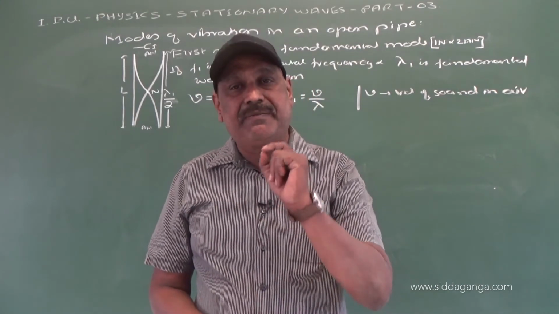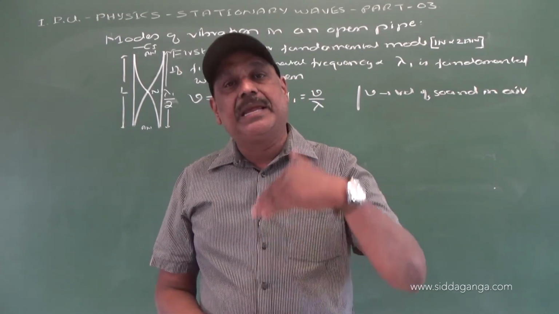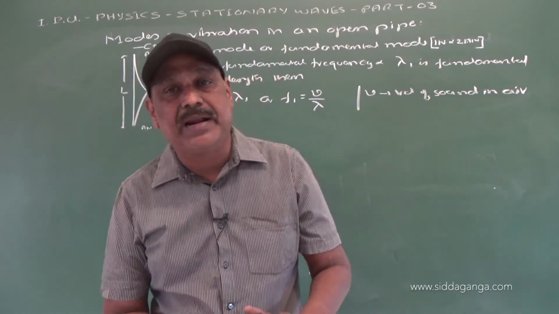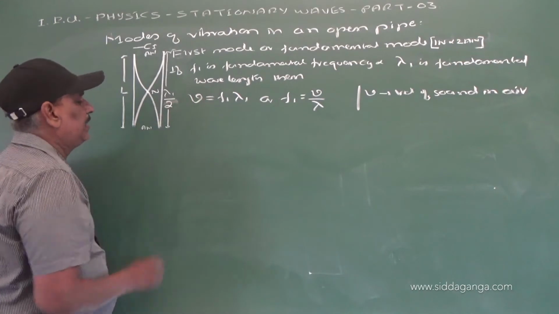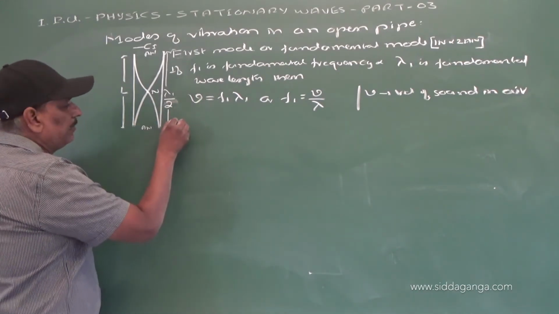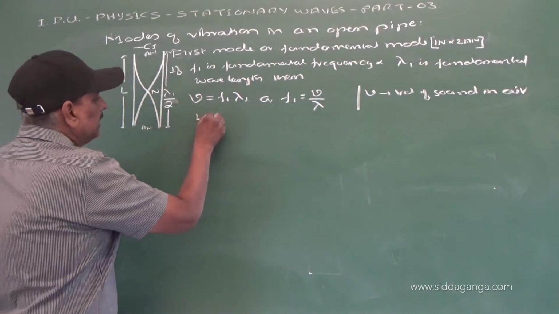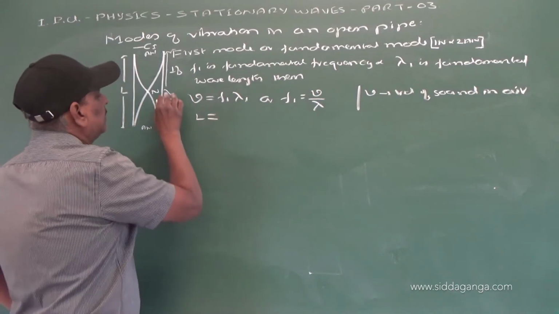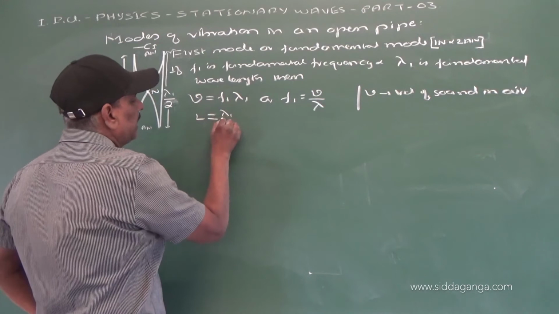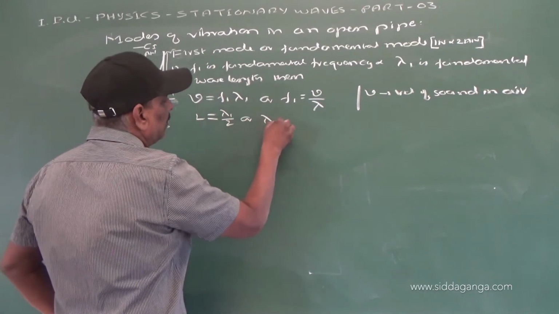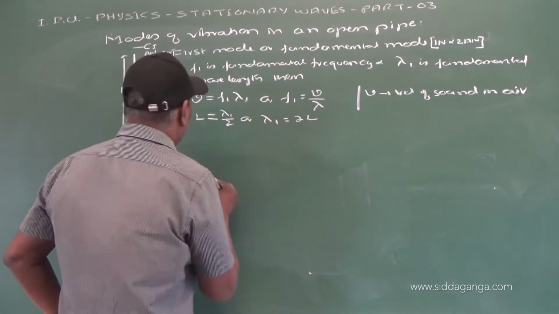But the distance between a node and an immediate antinode is lambda by 4. So here it is lambda 1 by 2. Therefore, L is equal to lambda 1 by 2, or lambda 1 is equal to 2L.